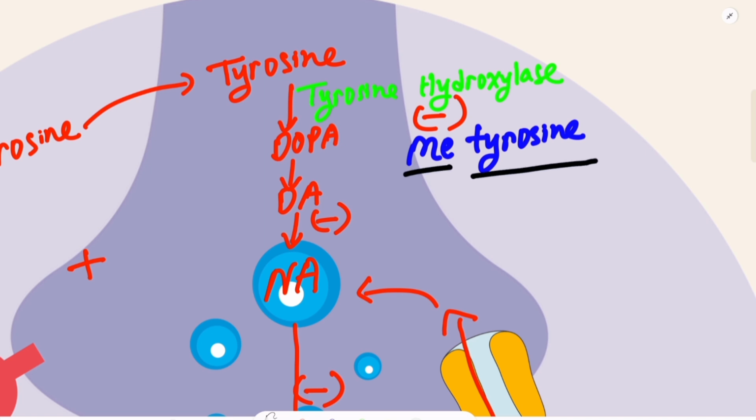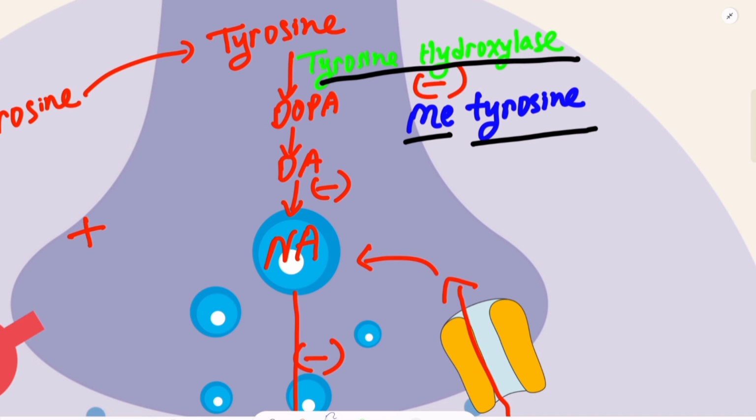So the enzyme tyrosine hydroxylase gets confused about where to act because the drug metyrosine is saying I am tyrosine, I am tyrosine. In this confusion, the enzyme will stop working. So metyrosine is a competitive inhibitor of tyrosine hydroxylase.